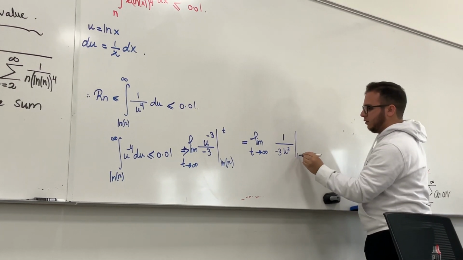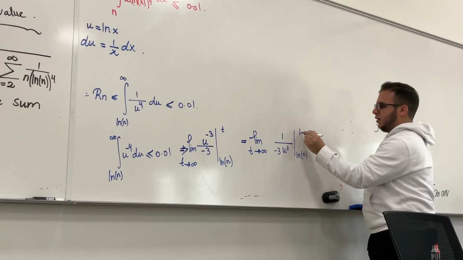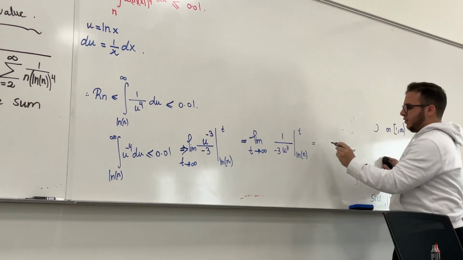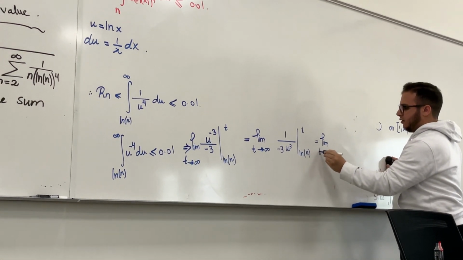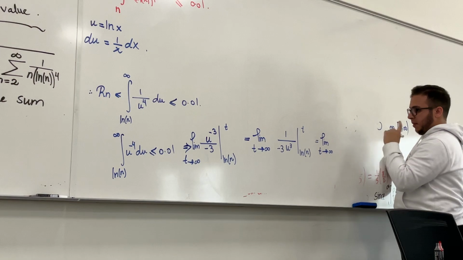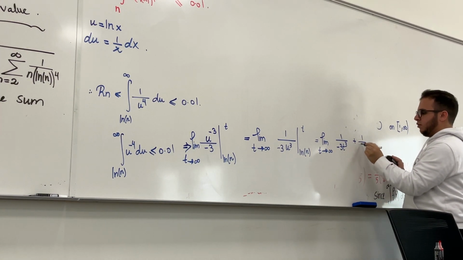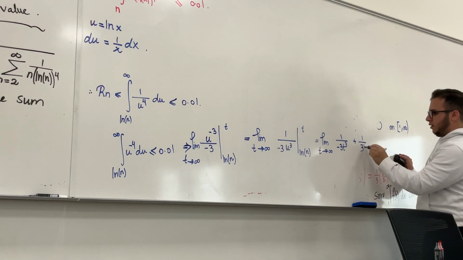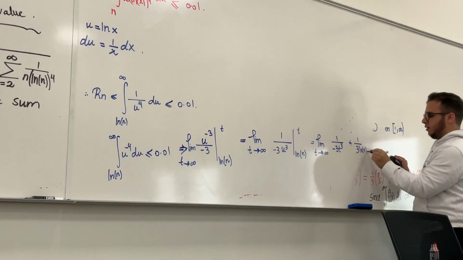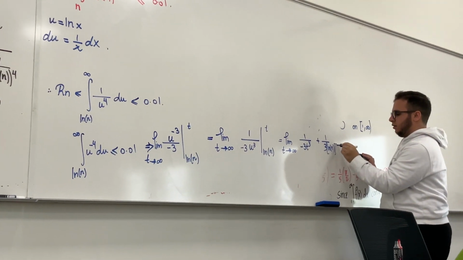Okay, like this. Let me do it slowly. And then what happens? Plug in the t and then plug in the limit. Okay, 1 over minus 3 t cubed plus 1 over 3 (ln n) cubed here.